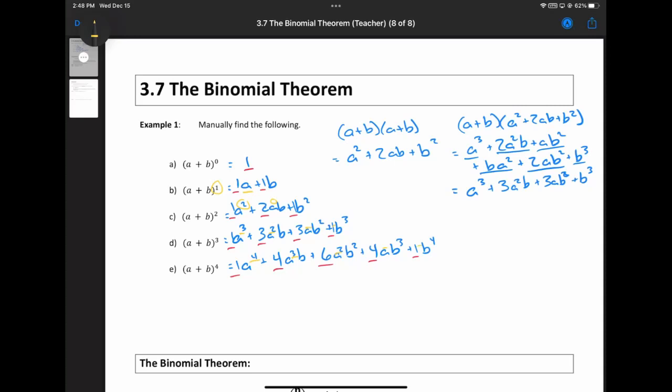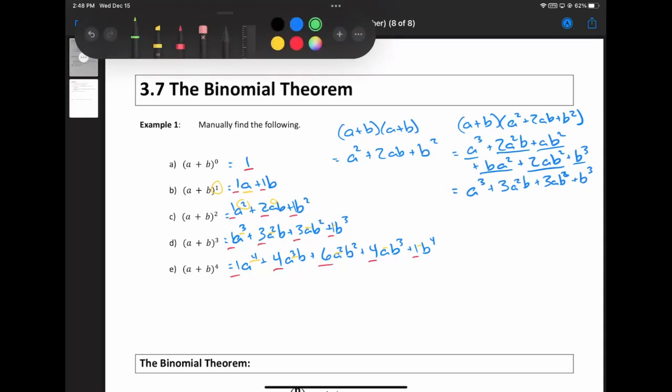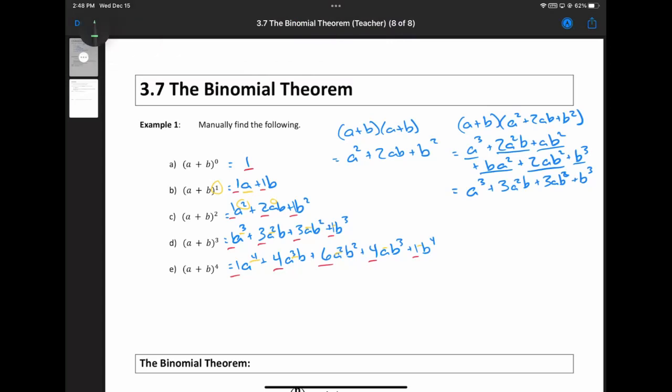So the exponent on a starts off at the power of the binomial, its maximum value, and just counts down. And then the b's start off at their minimum value of 0 and count up. This one has no b's, this one has no b's and then 1b.